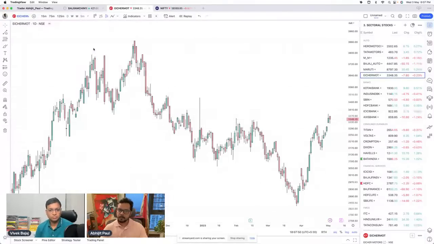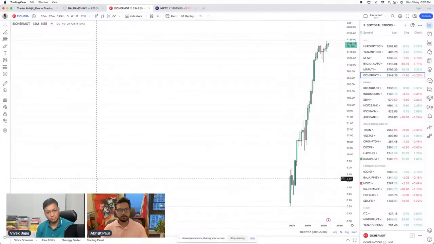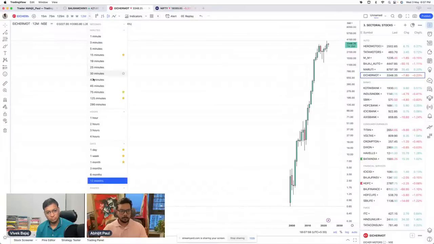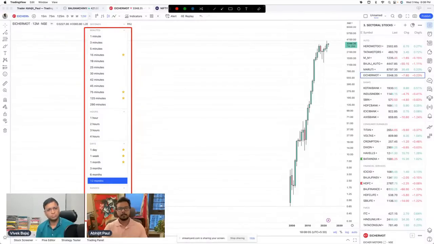You can look at a 5 minute chart, or at a 12-month chart, which is a monthly chart. Being able to change the time frames is a big boon to a technical trader.